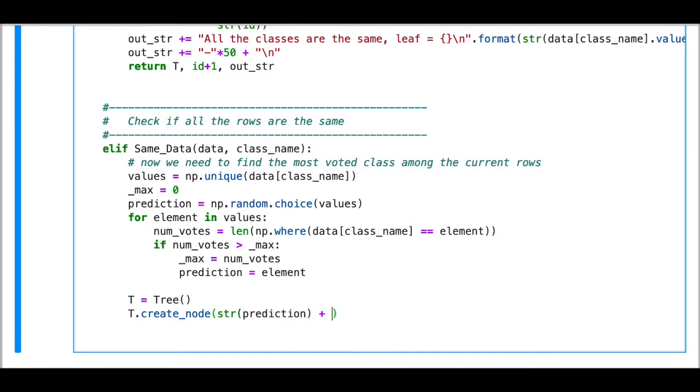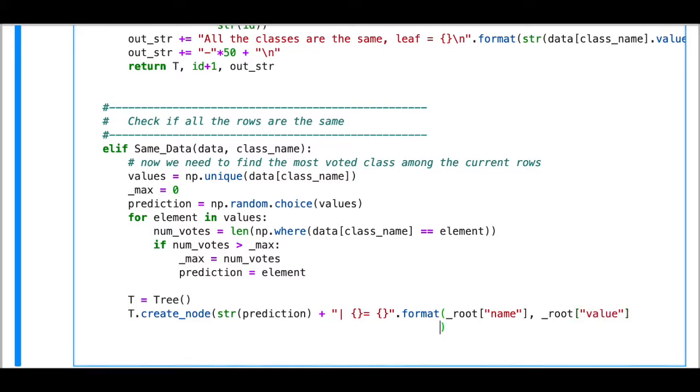And we are going to add again the information of the root of the parent, so we know which arm of the parent we are following in the path. Here again will be root of name and value. And we need to provide also the ID, which is again the ID we got as an argument.